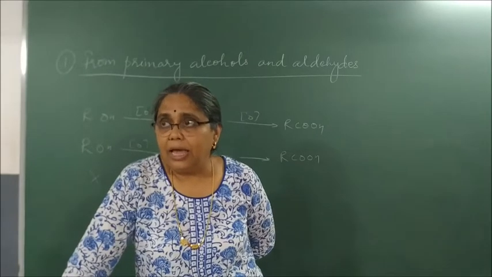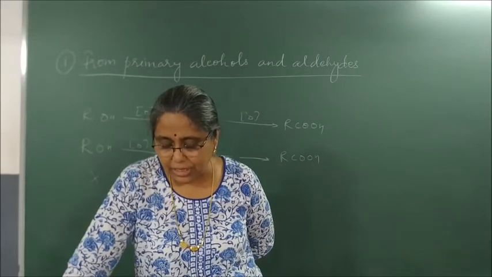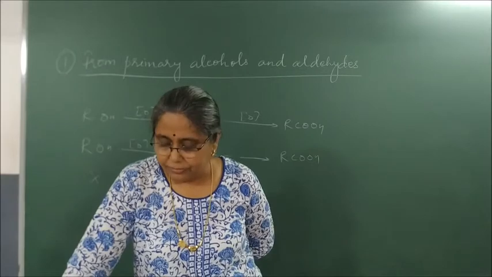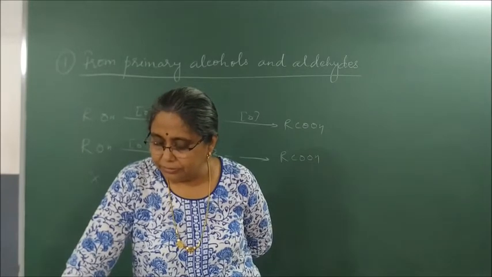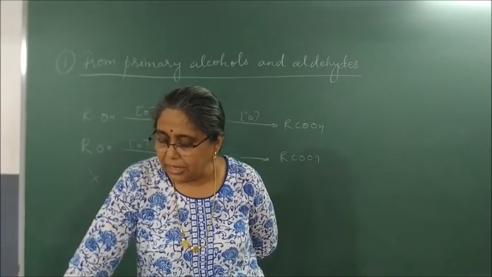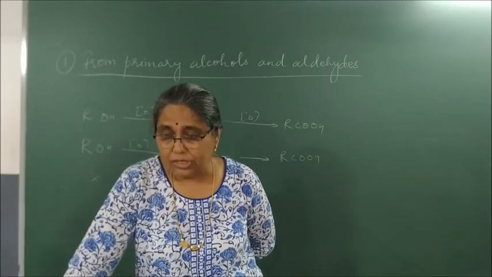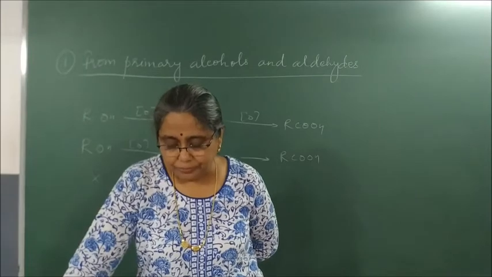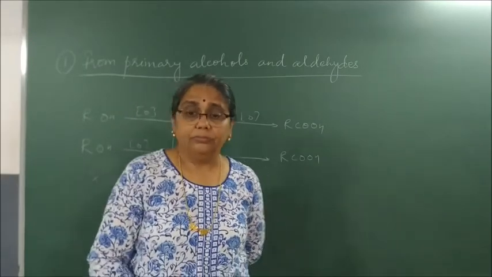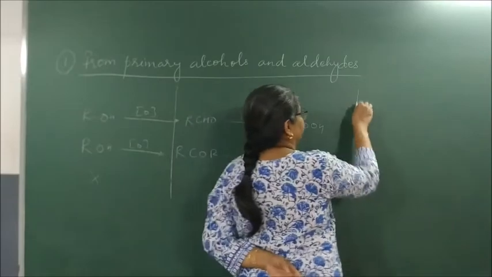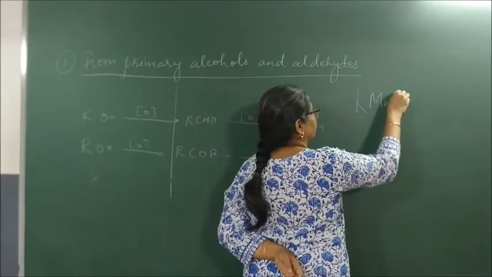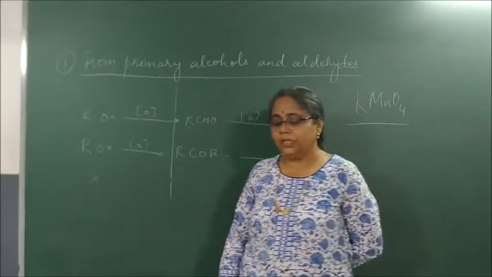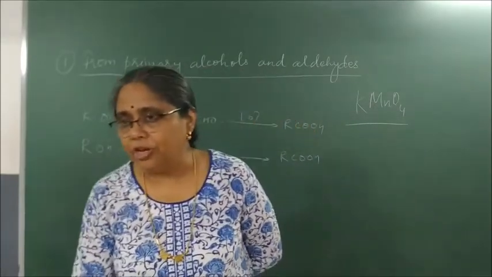Please write: alcohols easily get oxidized to carboxylic acid with KMnO4. What is KMnO4? Potassium permanganate. CBSE people are blessed that this preparation has been reduced.